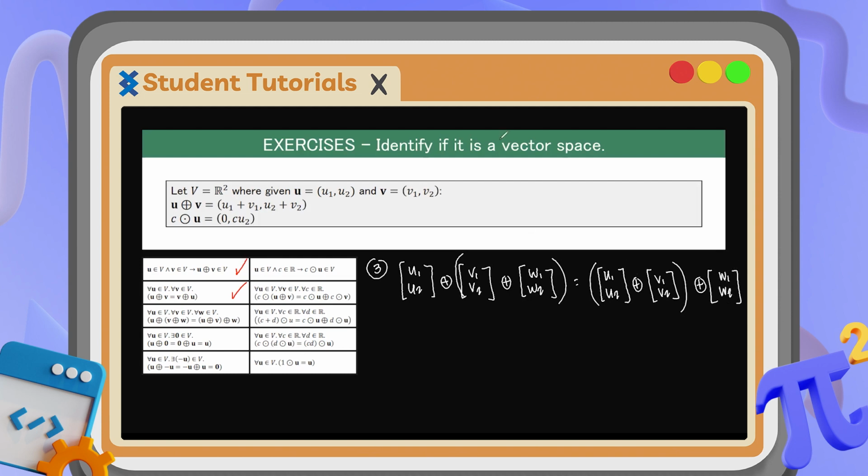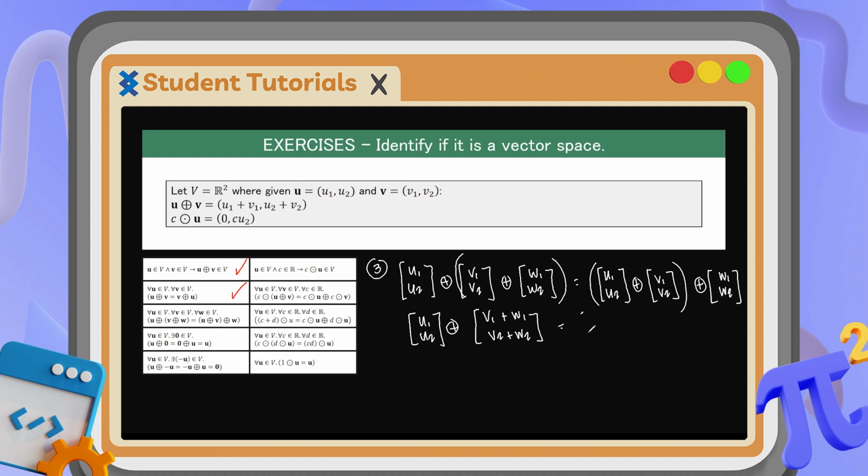Okay. So again, we simply follow the rules that are defined for vector addition. So let's do that real quick. We will add it as follows depending on the sequence, and that should give us this result for the left-hand side of the equation.